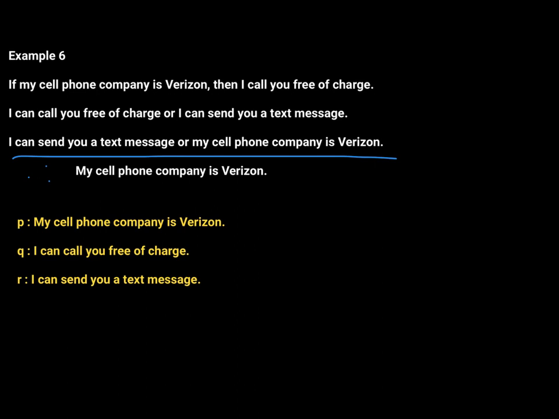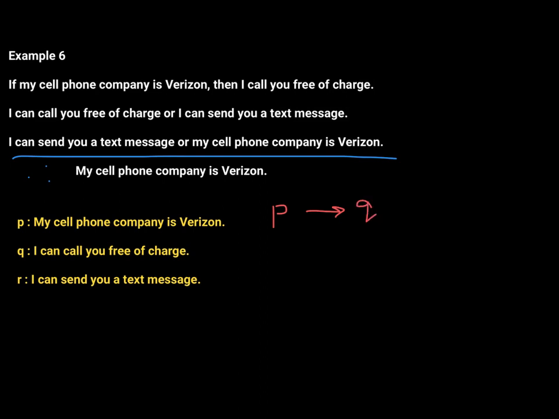All right, so when we have 3 premises here, in symbolic form, of course, let's break this up. If my cell phone company is Verizon, that means if P, then I can call you free of charge. So if P, then Q. Next premise.